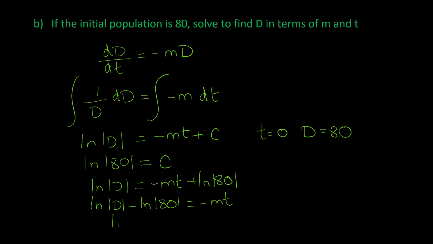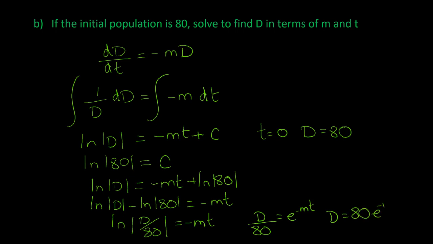So that's going to give us ln of d over 80 equals minus mt, and then obviously using the exponential on both sides, we're going to get d over 80 equals e to the minus mt. So d will equal 80 e to the minus mt.